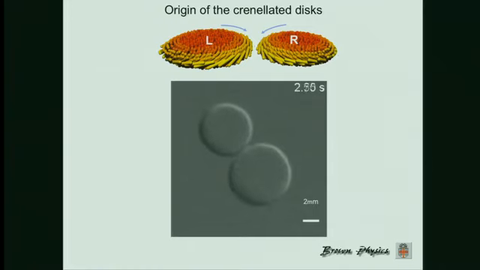When you have right-handed, it has to twist that way. But then these things will tend to coalesce because of the depletion interaction. And then you can ask, how does this left edge meet this right edge? And so what happens is you form what we're now calling crenellated disks.